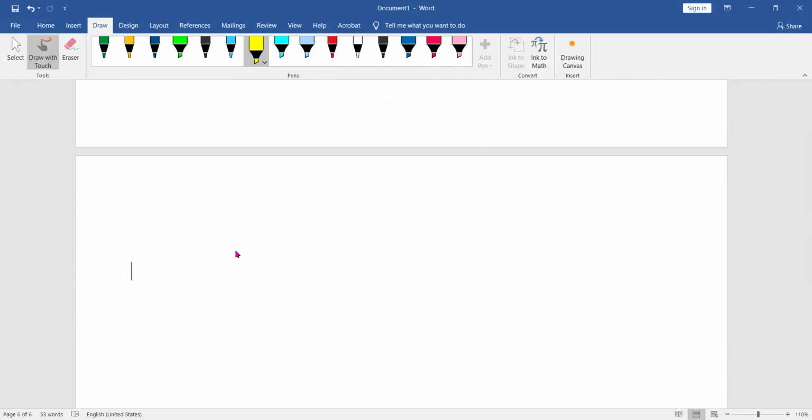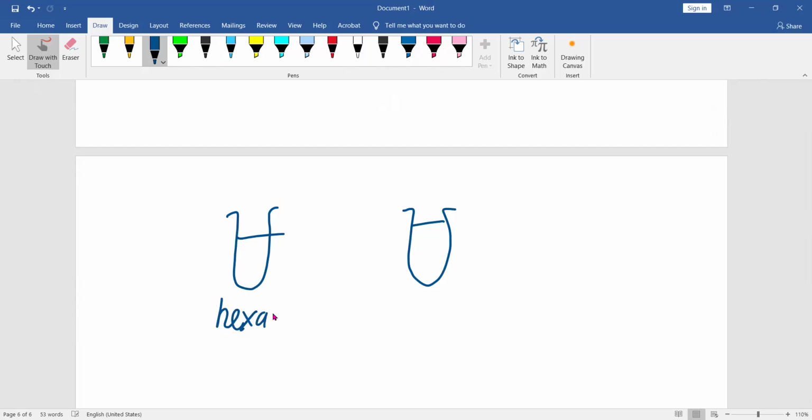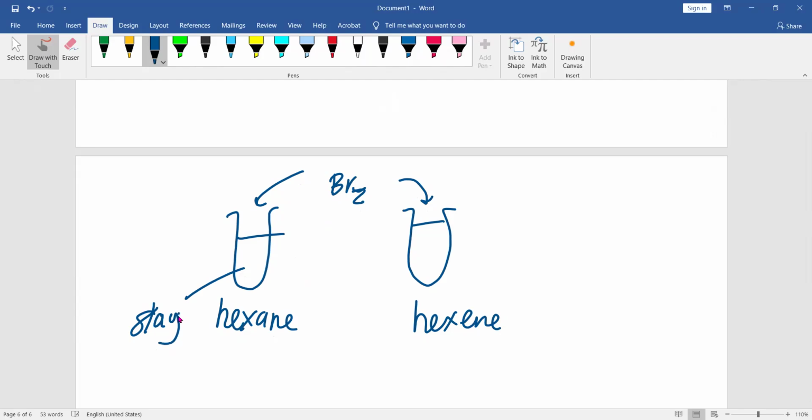Alkane, alkene, alcohol all have no color. So if here I have hexane and here I have hexene, and I don't know which is which, I add bromine to both. This one stays orange, and this one becomes colorless. This is to differentiate alkane from alkene.